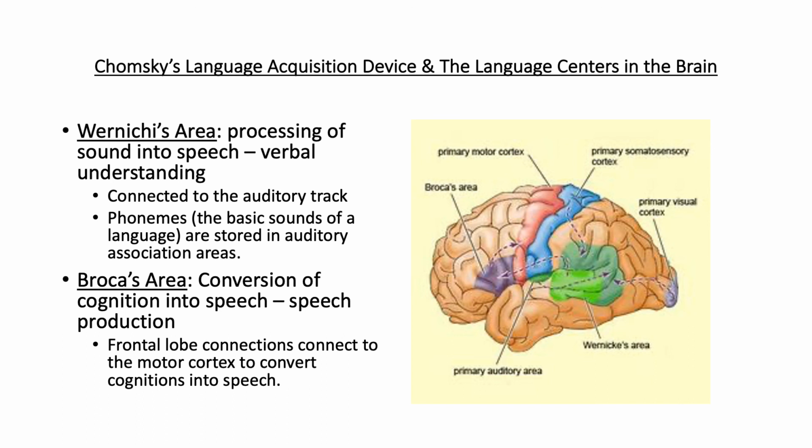So if you were to lose your ability to understand language, like you were having a CVA, a stroke in Wernicke's area, that would be called Wernicke's aphasia. You'd be able to speak, but you wouldn't be able to understand what somebody was telling you. If you got bonked in the head and you had damage in Broca's area, and you couldn't make a sentence, you couldn't make a phrase, but you could understand what somebody was telling you, then that would be Broca's aphasia.